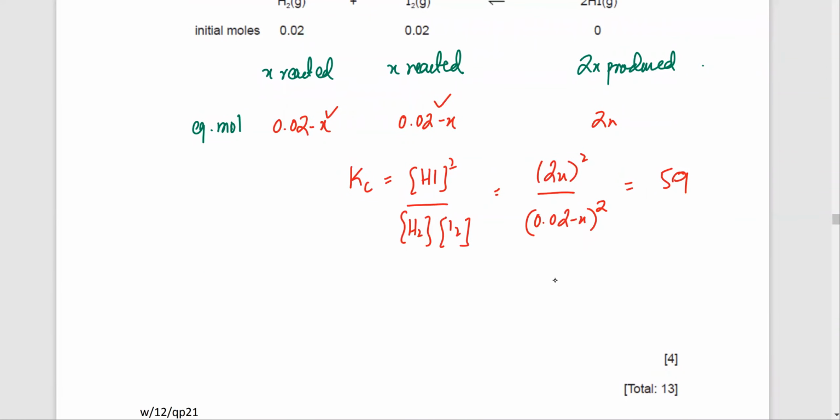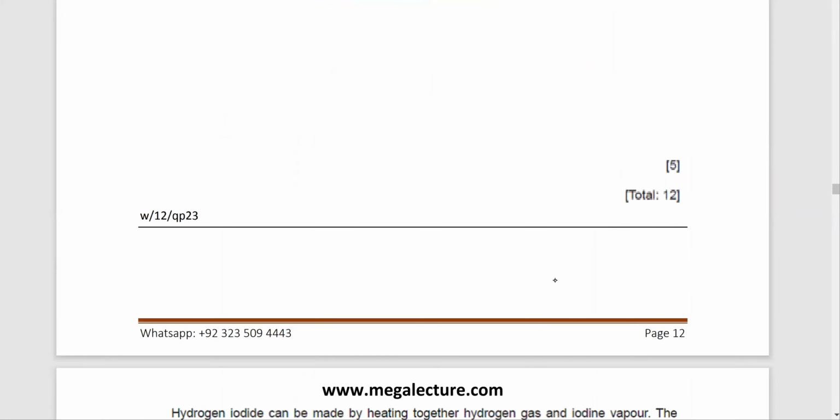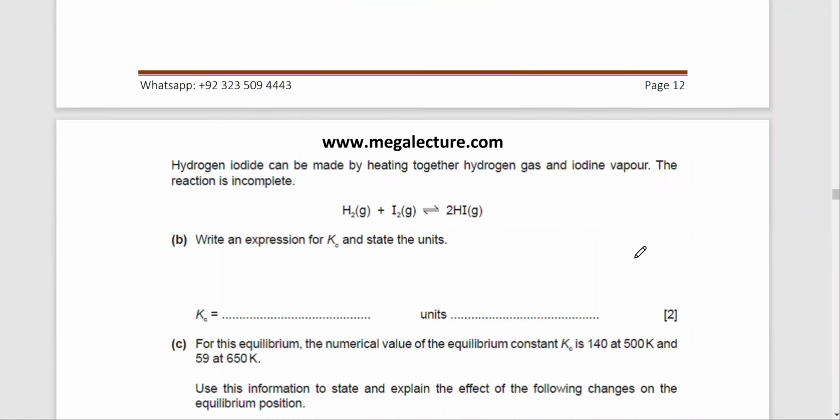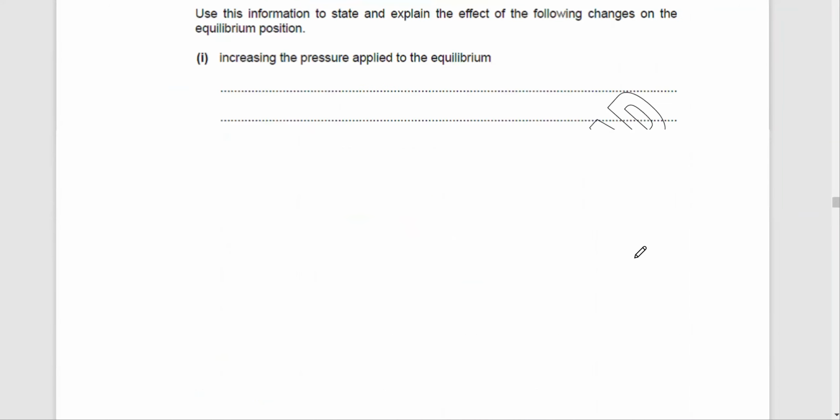And the same thing would be done. You're going to just take the under root. So the squares would get cancelled out because of the under root. It's going to be 2x. And your 59 under root would be multiplied by 0.02. One second, I've lost the question again.